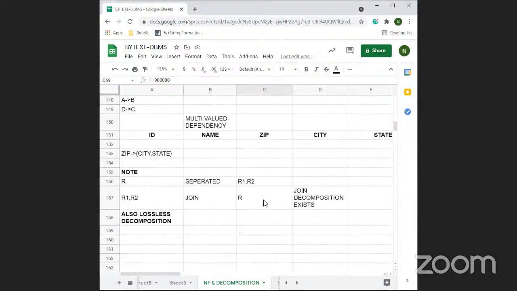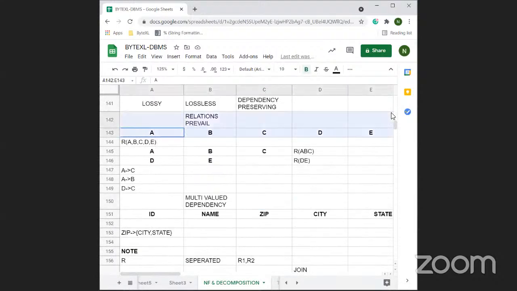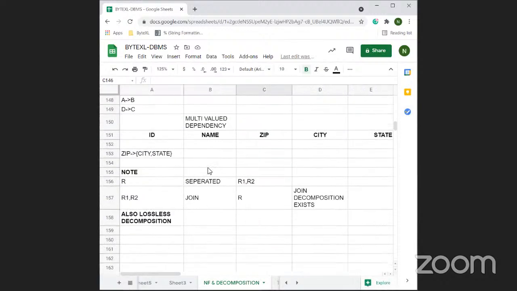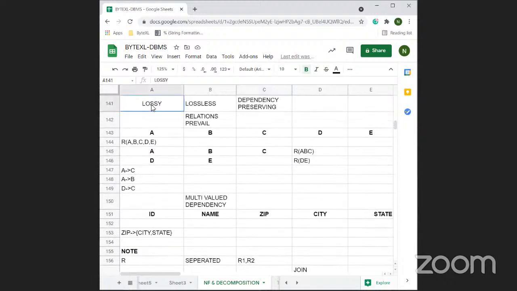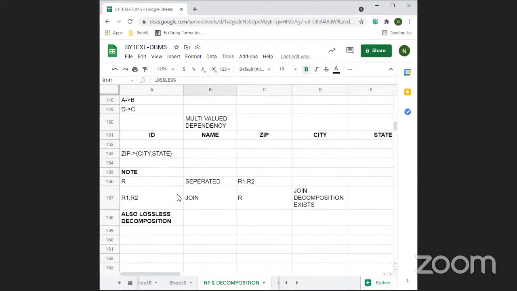Therefore, if the original relations before decomposing and after decomposing have any changes, it is called lossy decomposition. If the relations are the same when the table is together and when we separate the tables, if the same relations are present, then it is called lossless decomposition.